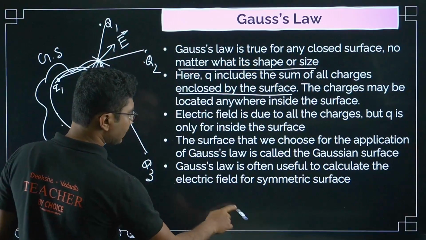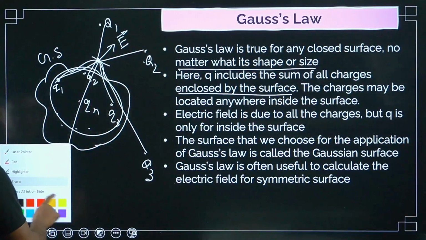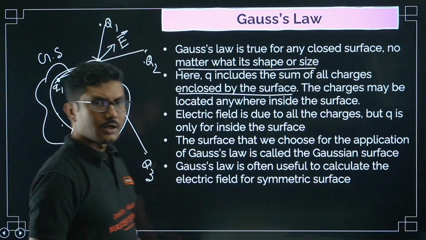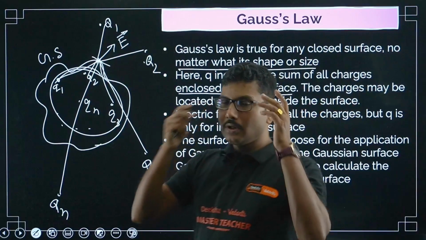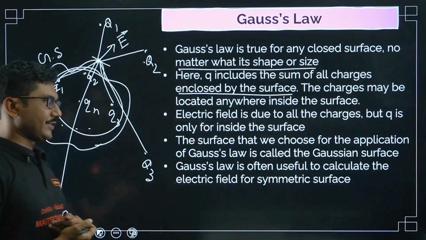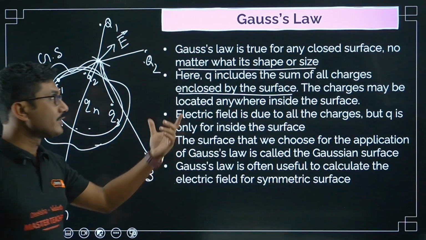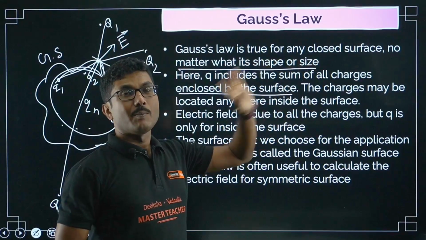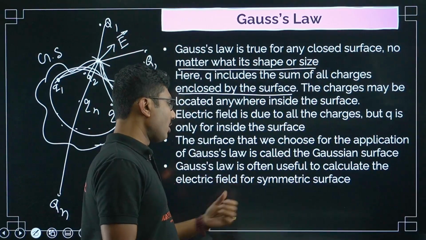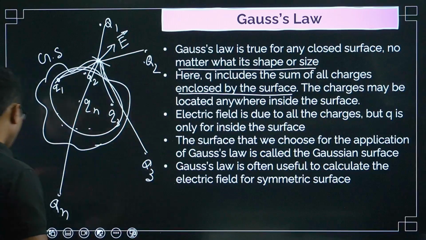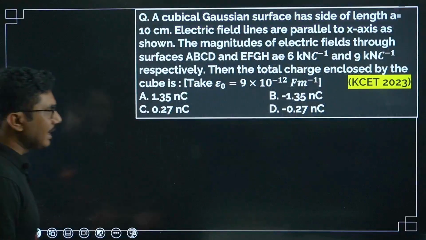What are the examples of symmetric surfaces? Spherical surface, cylindrical surface, even a square or cube. They are all symmetric surfaces. Gauss's law is valid for all surfaces, but it is easy to apply for symmetric surfaces, because it is easy to complete the integration.